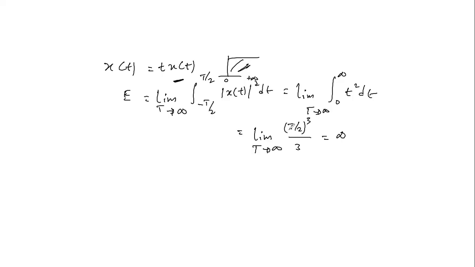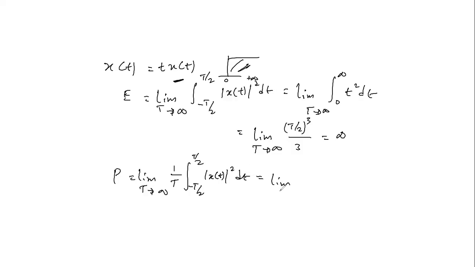Okay. So now, we are not sure, because we want to know if it's a power signal, since it's certainly not an energy signal. So we want to confirm if it's a power signal or neither an energy nor a power signal. So we have to estimate the average power. We take the limit again, T tends to infinity, 1 over T, integral from negative T over 2 to T over 2 of t squared dt.